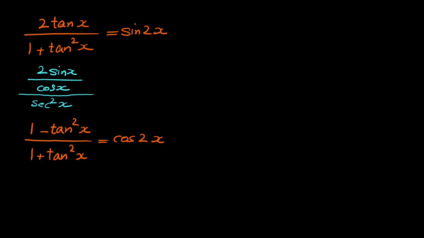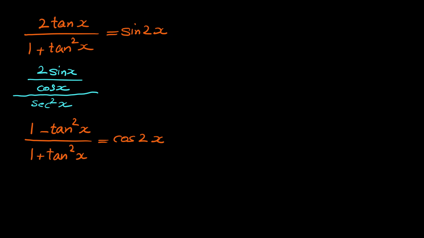Let's continue with this. We have in the numerator 2 sine x over cosine x, and attention, this is our main fraction. The fraction that we have is here. This is the numerator of the fraction, and this is the denominator. Looking at the numerator, we can see that we have sine and cosine, but in the denominator we have secant to the 2. We don't like to work with secant, and especially in the right side, we have sine, we don't have secant.